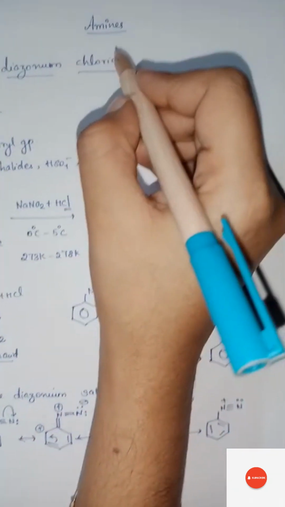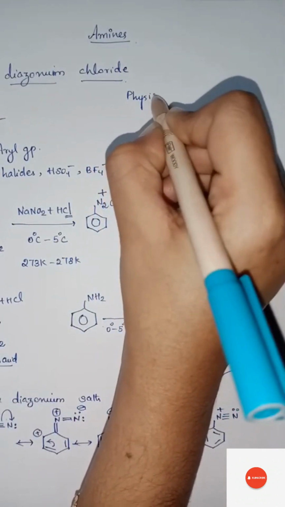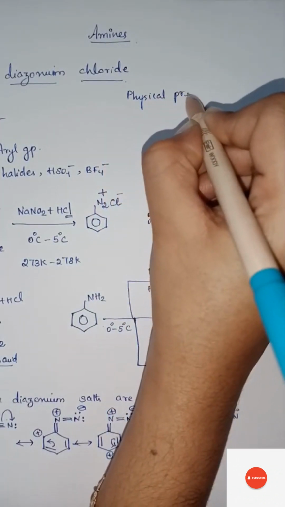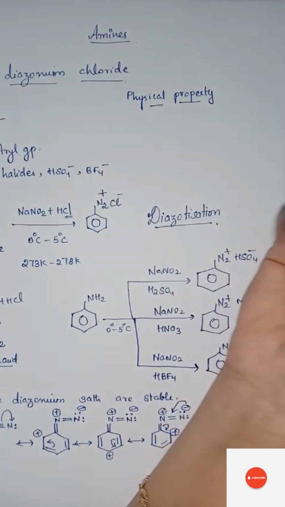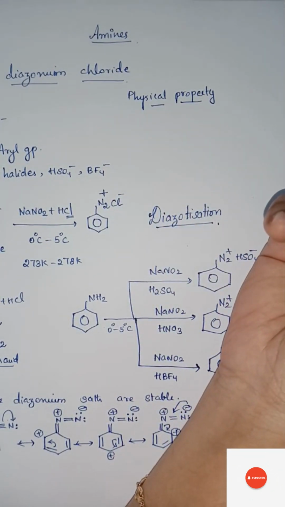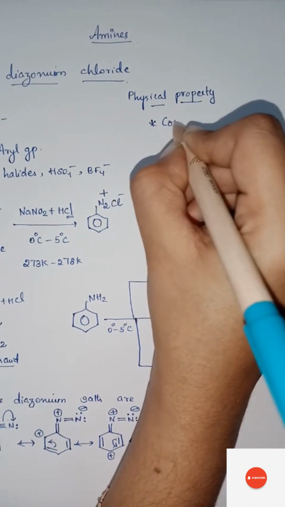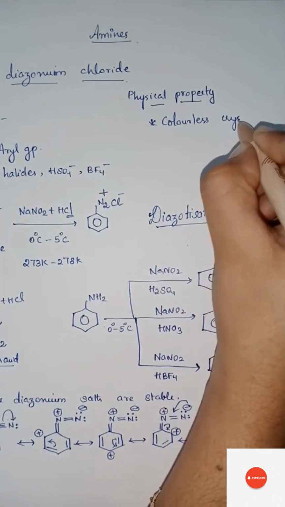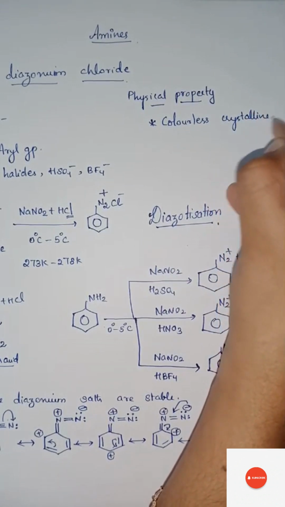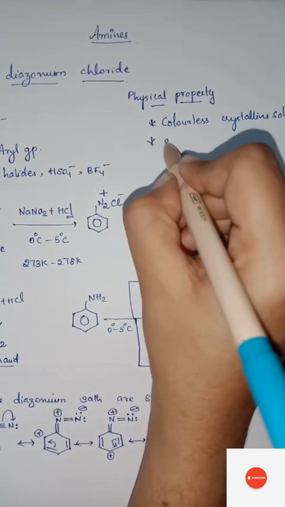What are the physical properties of it? How does it look? The physical property of benzene diazonium chloride is that it is a colorless crystalline solid, and it is soluble in water.